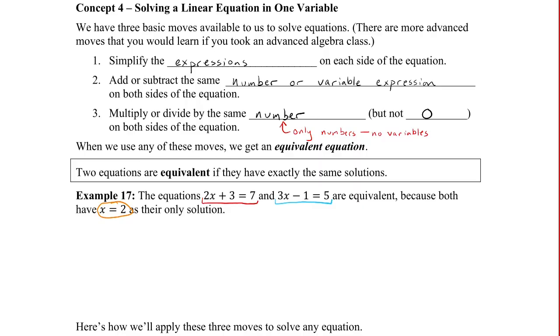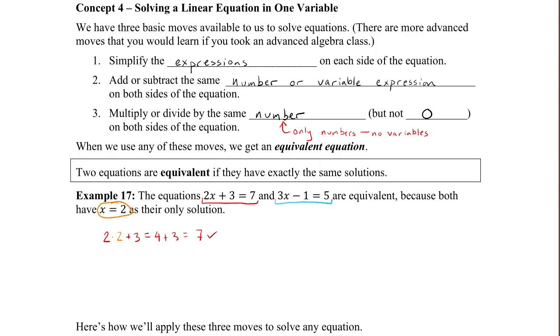So the claim I'm making is that if I plug in x equals 2 to the first equation or to the second equation, both of them are true. So in the first equation, plug in x equals 2, we'll have 2 times 2 plus 3. So 2 times 2 is 4, plus 3. 4 plus 3 really is 7. 2 really was a solution.